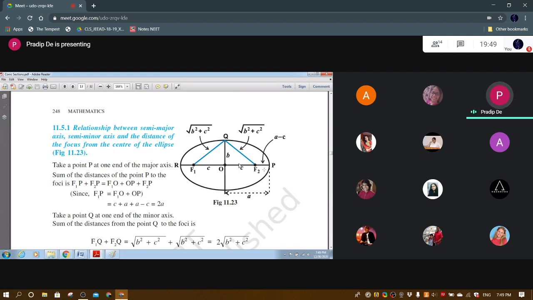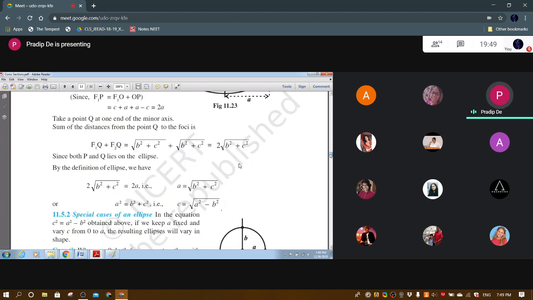PF1 plus PF2 should be equal to QF1 plus QF2 because that is a property of ellipse. Equate them. So now we see that 2 root over B square plus C square is equal to 2A, which simplifies to A is equal to root over B square plus C square, or C is equal to square root of A square minus B square.